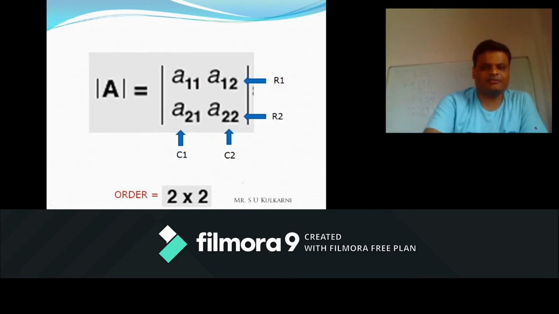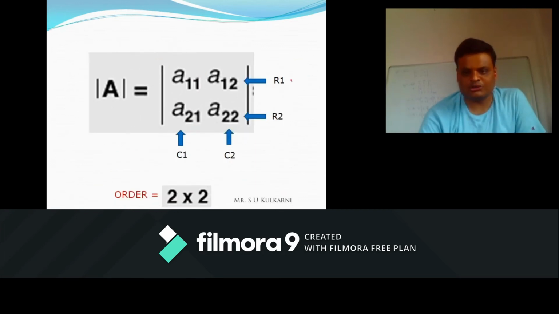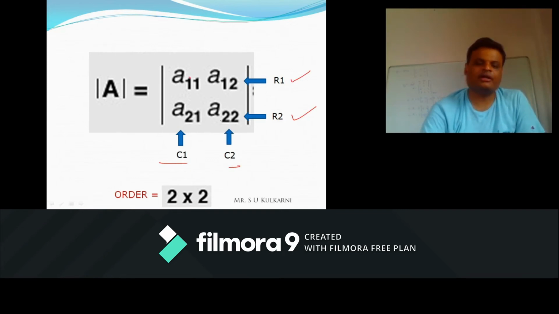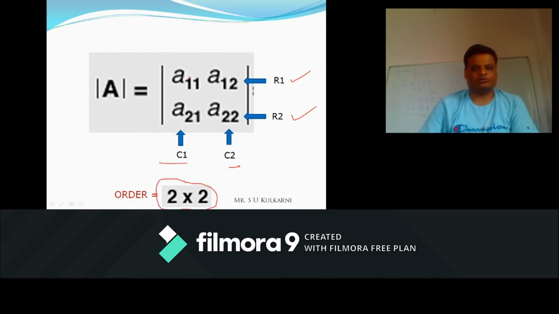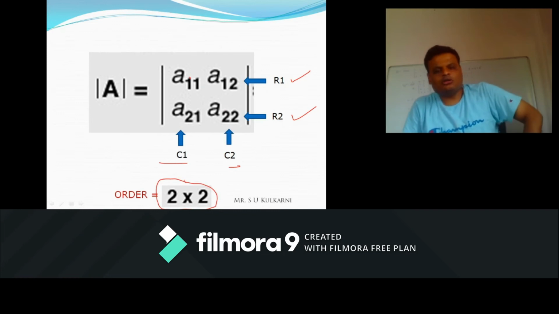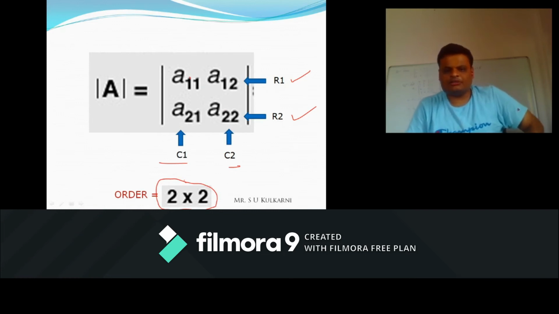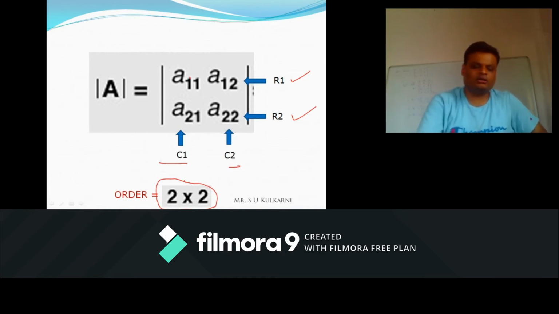In the same way you have a 2 by 2 determinant. That means you have the number of rows as 2 and the number of columns as 2, so the total number of elements will be 4: A11, A12, A21 and A22. So what is the order of this determinant? 2 by 2. In the whole chapter we are going to see two types of determinant, that is order 2 and order 3.